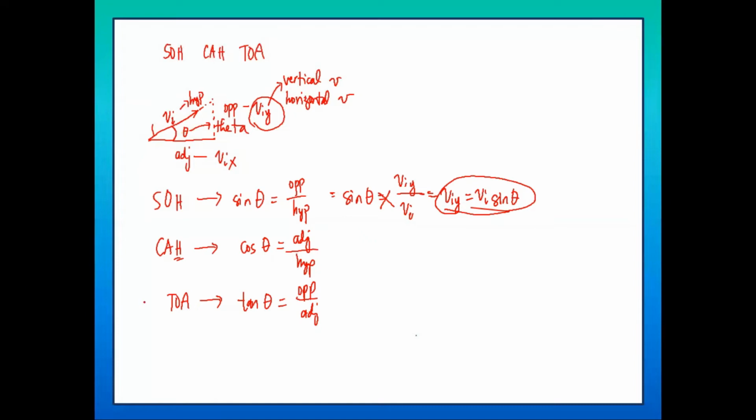Now, if we're looking for the v sub ix, ang ginagamit natin dyan ay yung CAH kasi adjacent over hypotenuse.